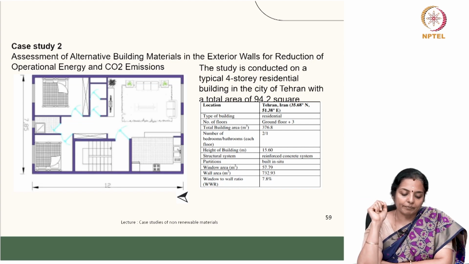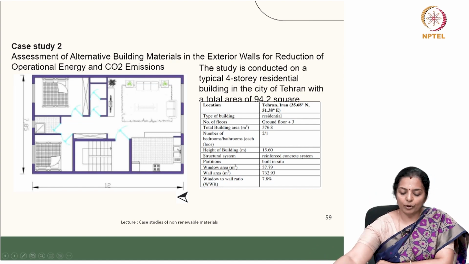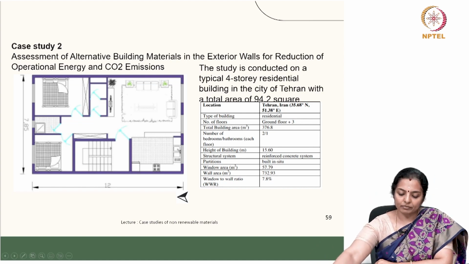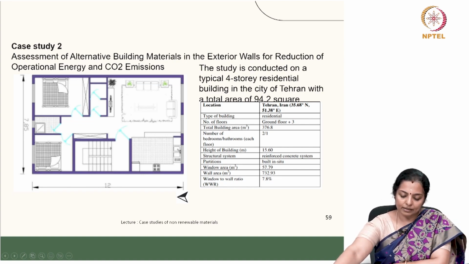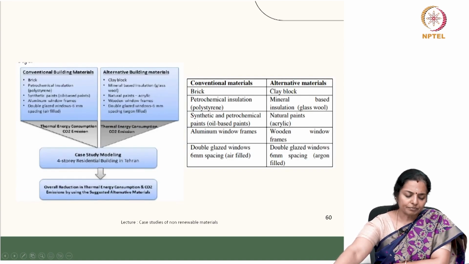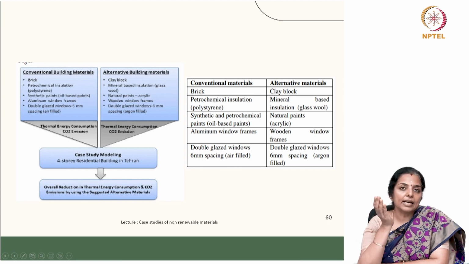This study was conducted on a typical 4-storied residential building in Tehran with a total area of 94.2 square meters. The structural system was a reinforced concrete system, and now the comparison starts.